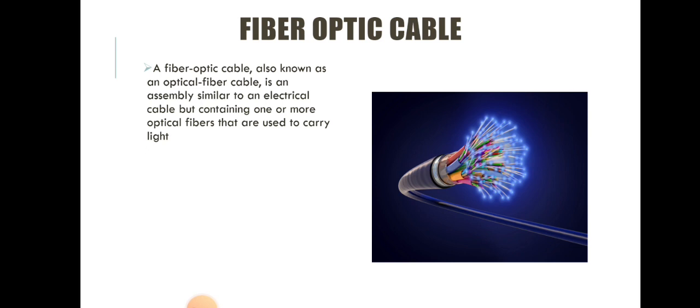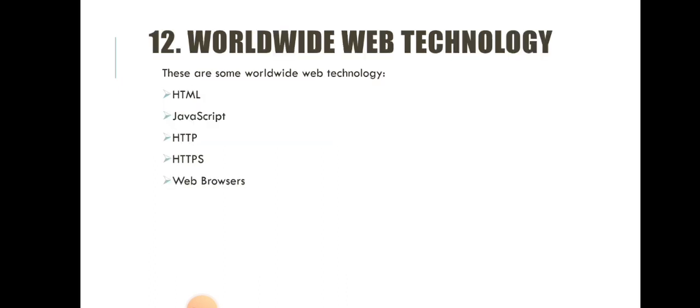Fiber optic cables. A fiber optic cable, also known as an optical fiber cable, is an assembly similar to an electric cable but containing one or more optical fibers that are used to carry light.